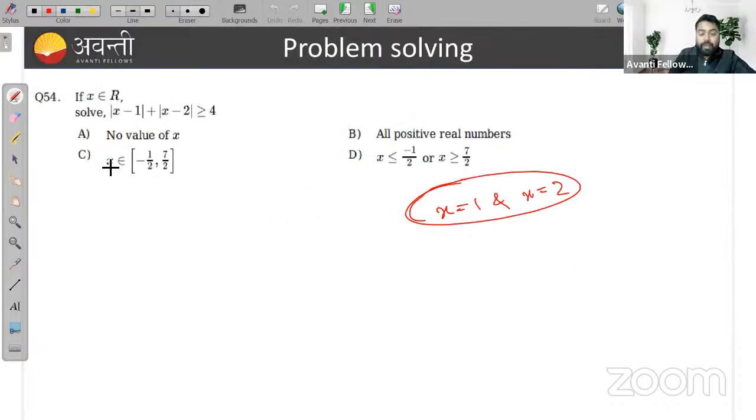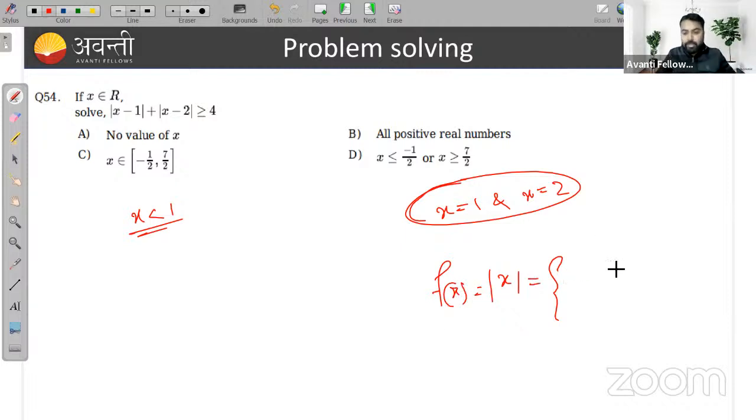See here, when x is less than 1, x minus 1 will be negative. So we know mod x, how are we defining the modulus function? When x is greater than or equal to 0, this gives you positive x, and when x is less than 0, this gives you negative x.